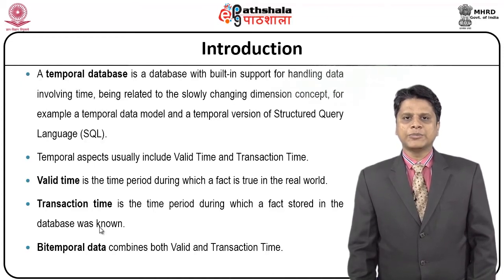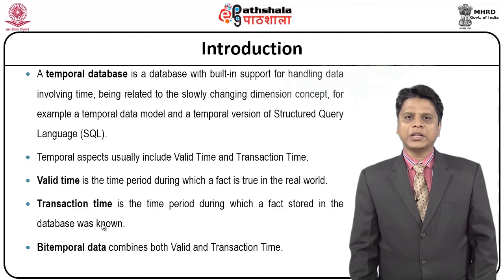So now there seem to be two different timings that exist as part of a single record. One says the actual fact in the real world, which is called valid time, and the second one is also a fact, but it is an update to the database. So this becomes the transaction time.